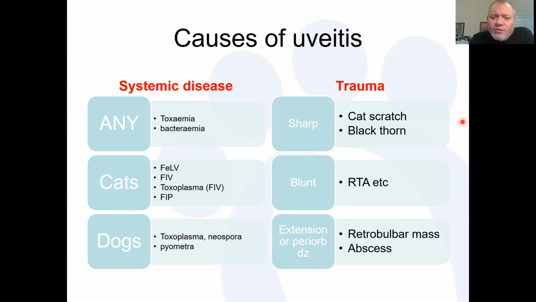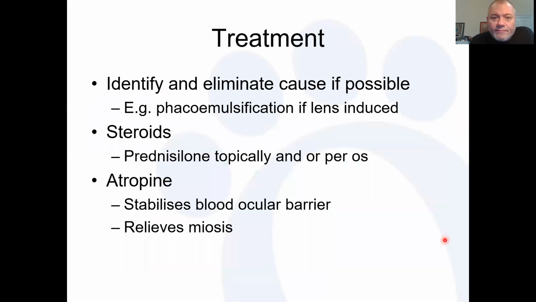The shockwave passes through the eye, it can tear vessels, and can cause cyclodialysis, where the iris pulls away from the inside of the globe. So blunt trauma can cause dramatic vascular damage and lead to uveitis, and also extension of periorbital disease. If you've got a mass or an abscess in close association to the globe, then that can lead to uveitis as well.